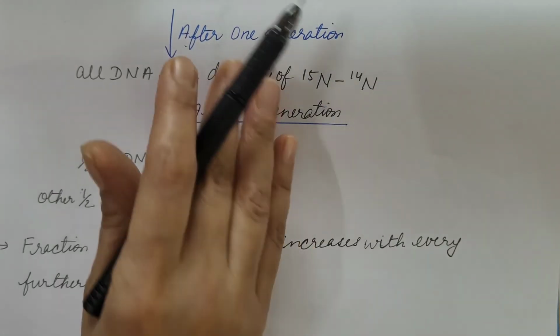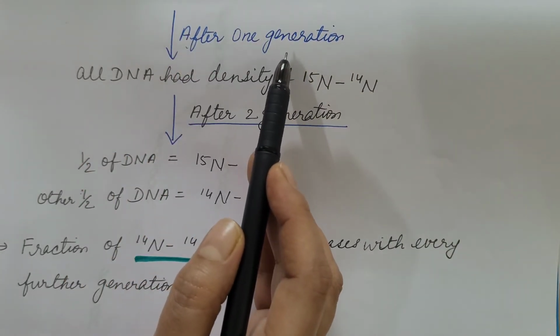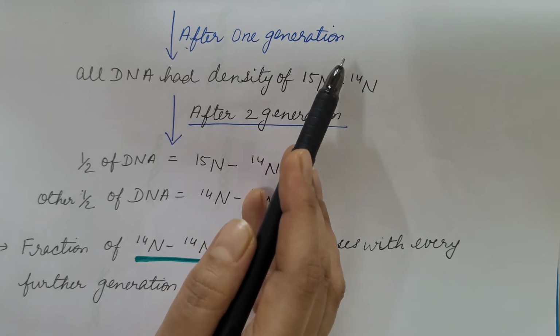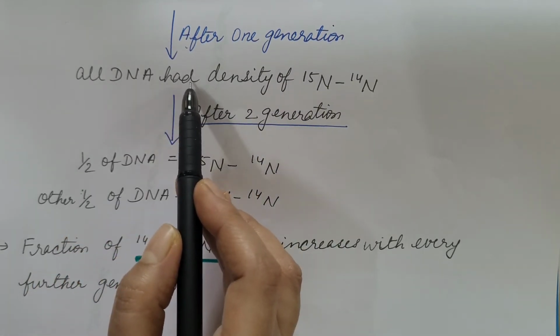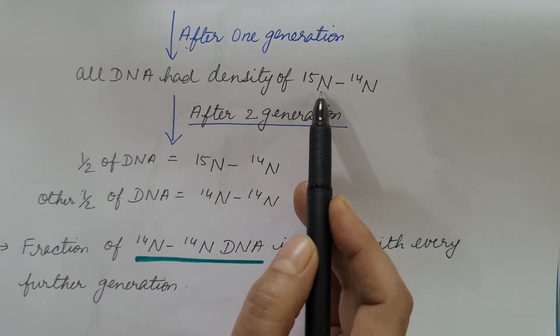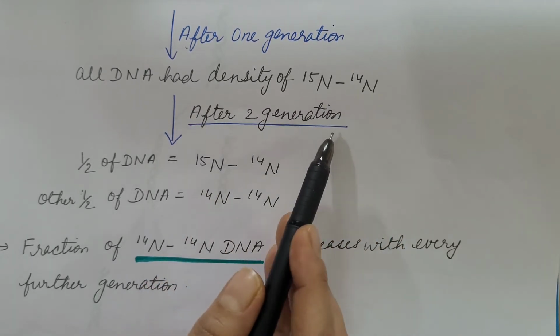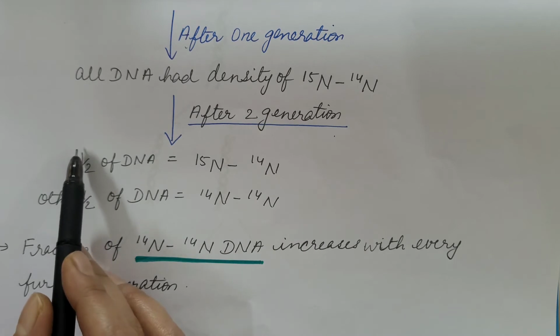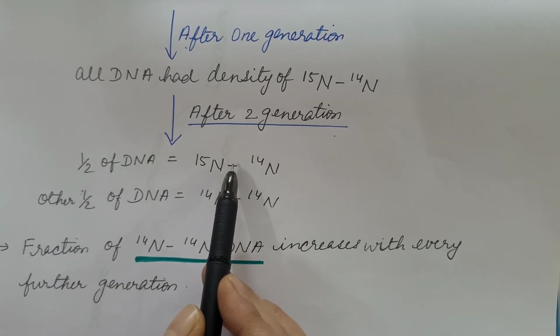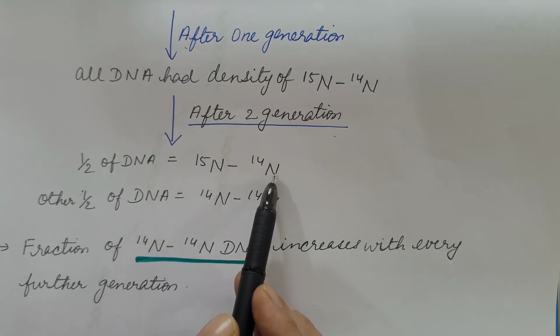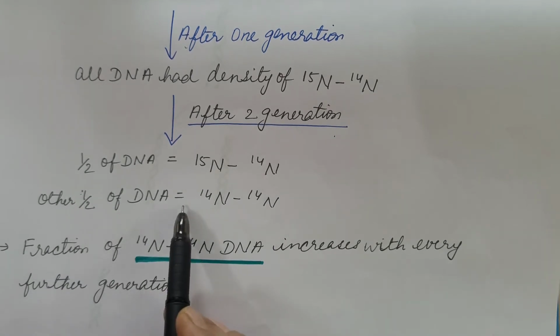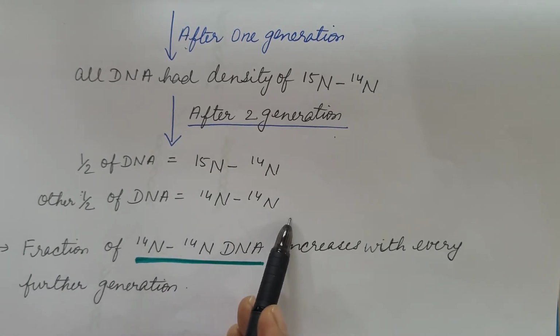So what was observed was that after one generation, when it was grown in the 14N medium, all DNA had density of 15N and 14N. And after two generations, it was observed that half of the DNA had the density of 15N and 14N and the other half of the DNA had the density of 14N and 14N.